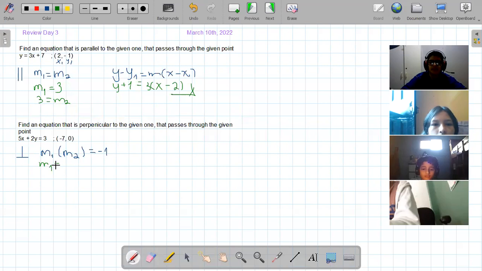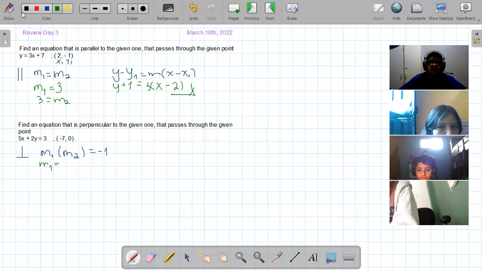We only have 1 point. I cannot find the slope with another point, so I cannot use the formula y2 minus y1 over x2 minus x1. I cannot use the formula for the rise over the run or the slope-intercept form because this is not written in slope-intercept form. This equation is written in standard form.